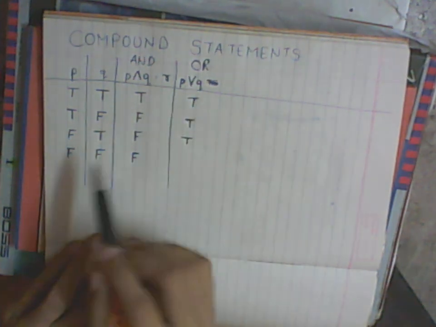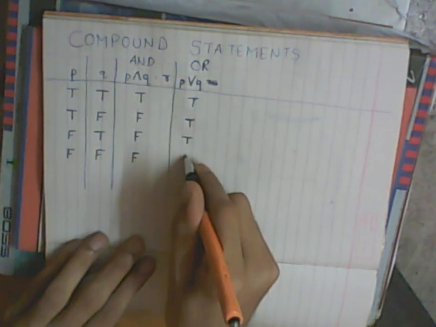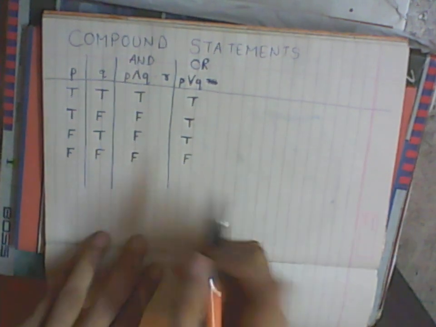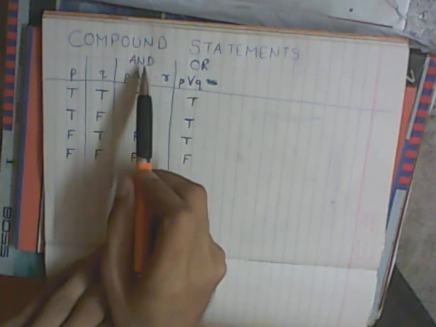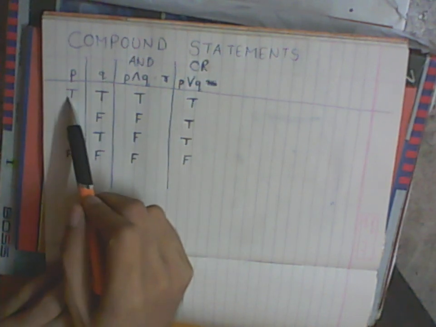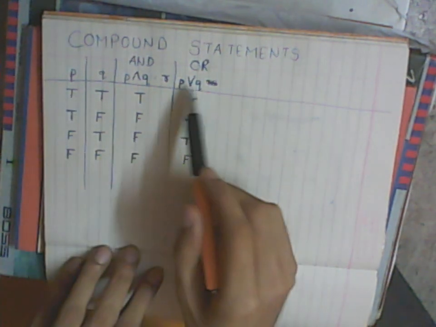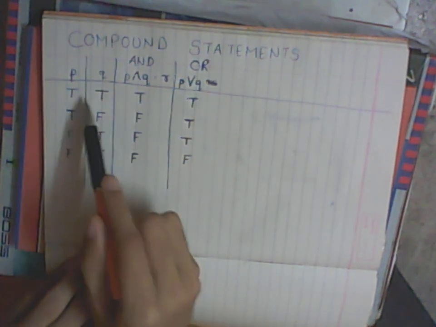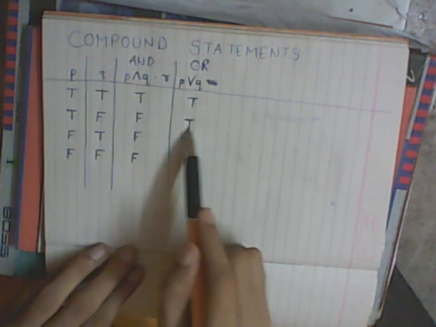Neither P nor Q is true, so this evaluates to false. So you can say that the AND statement is true only when both of the statements are true, and the OR statement is true when at least one of them is true.